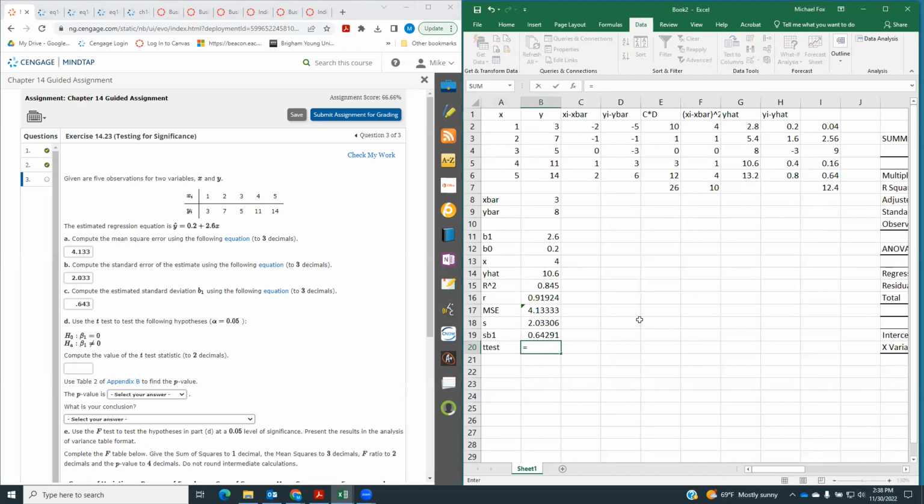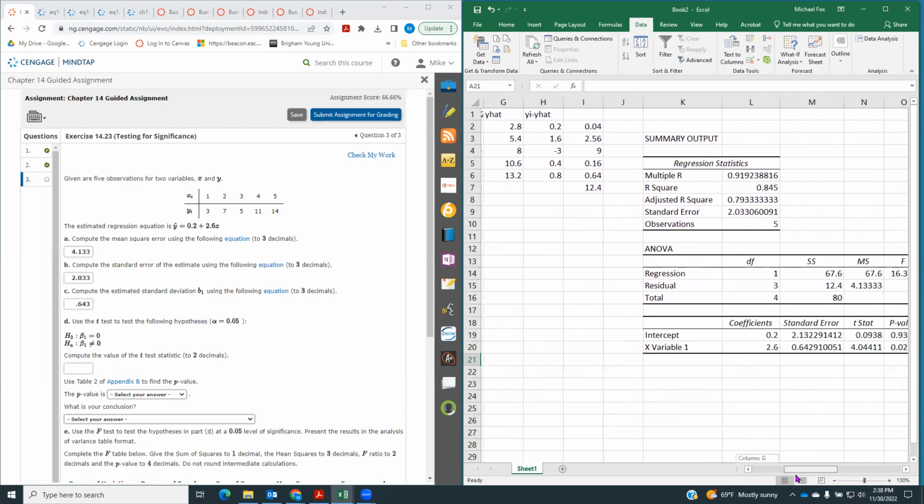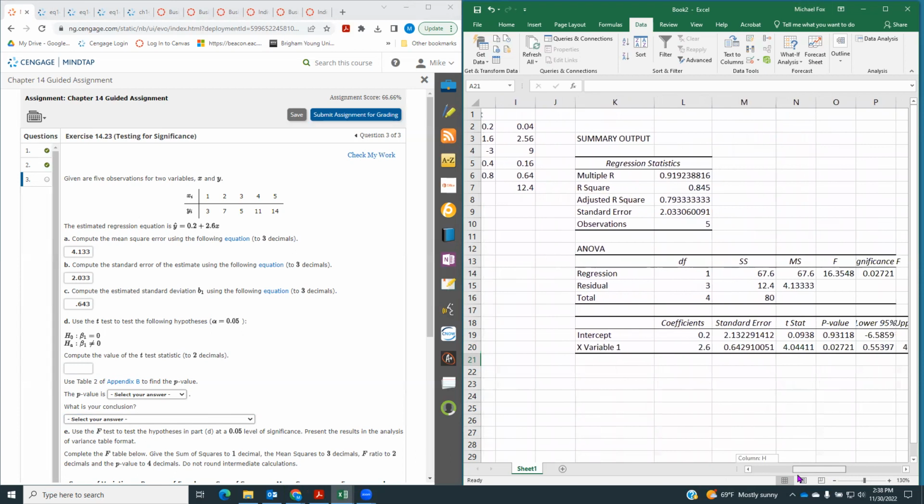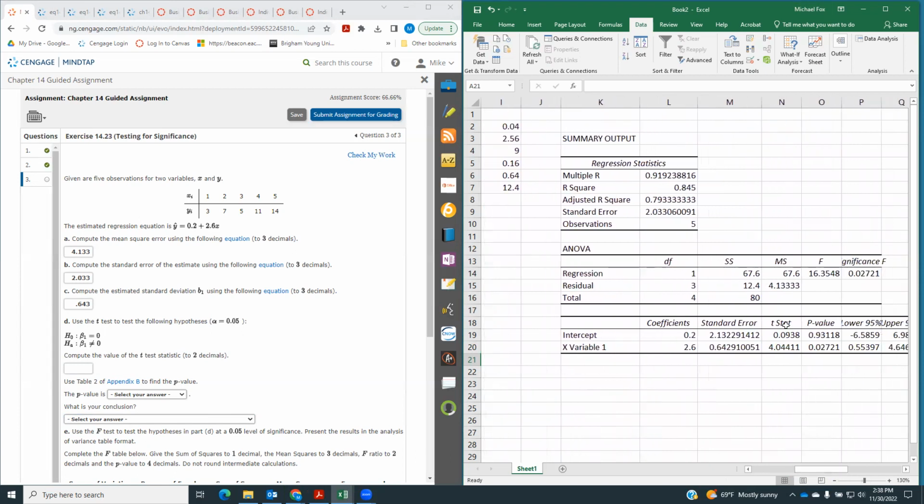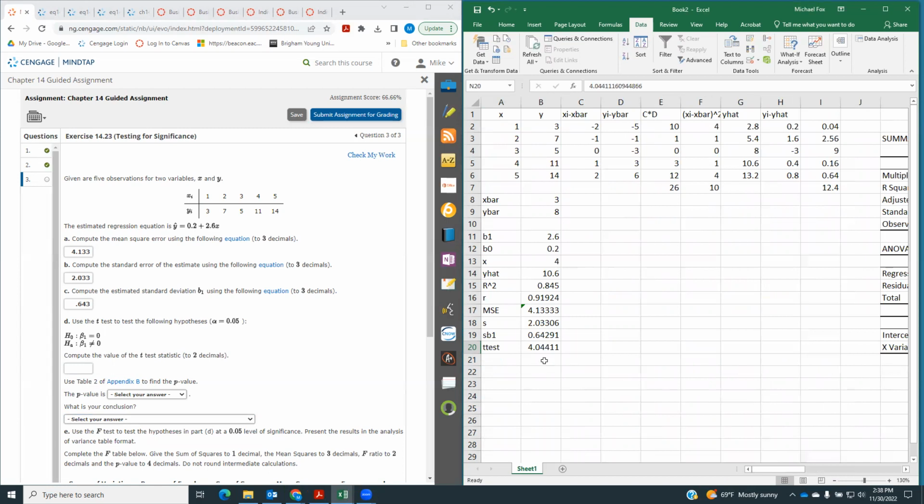So it's B1, which we figured out a long time ago, divided by the S B1, which we just calculated here. And that gives us this test statistic. And lo and behold, if we look at our output, we can see that under the t-stat, lining up with the X variable, is that test statistic, 4.044. So there's our test statistic, 4.04.